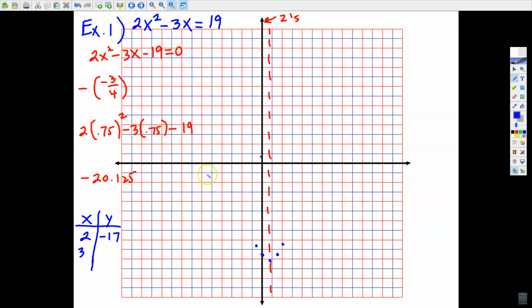So let's input 3 in your calculator. And that should be output negative 10. Very good. So here we are, and we'll just match that up. That's 2 1/4. And we match it up on the other side. And so let's keep going.